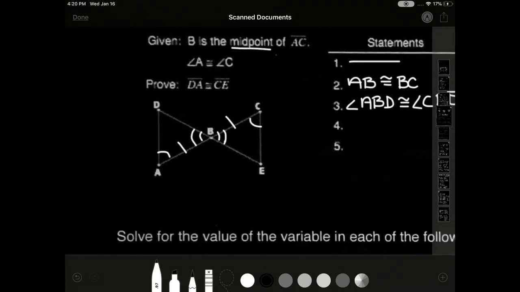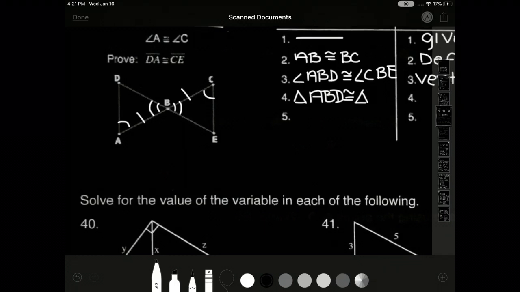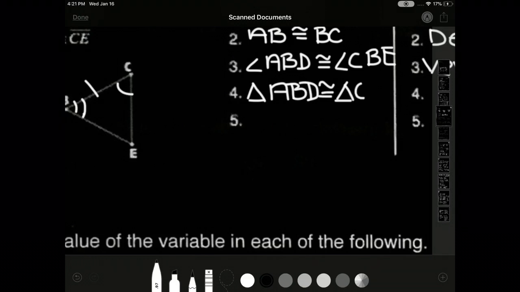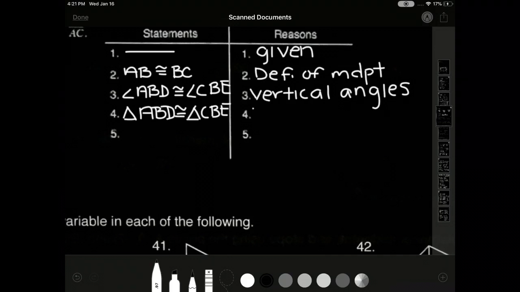Now, we have enough information to prove our triangles congruent. So we can say triangle ABD, and all we have to do is match up our congruent pieces here. So triangle ABD is congruent to triangle CBE, and that's two angles and a side, and the side is in between the two congruent angles, so that is by ASA.